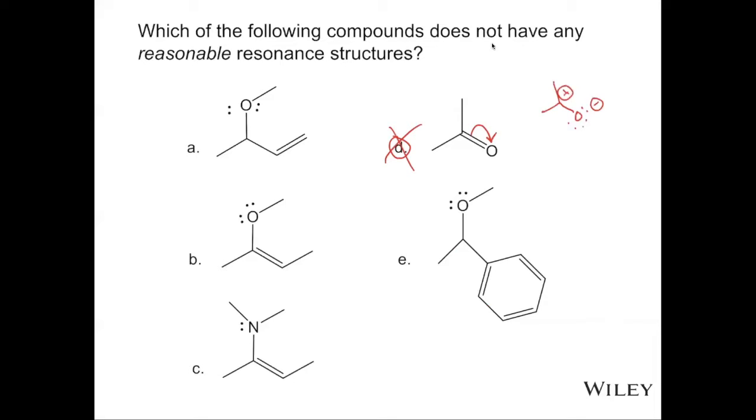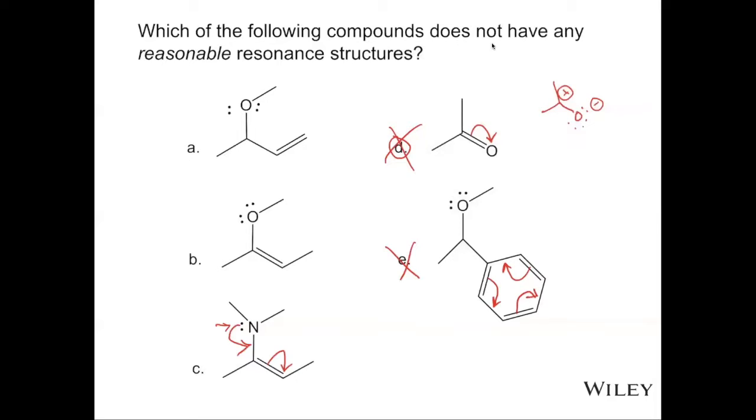I jump right to E and I see that, oh, look, this is awesome. We can move these right around. And so that one has a valid resonance structure. That was exactly one of our patterns as well. Then if I look at letter C, this is exactly what we talked about, having a lone pair allylic to a double bond. So this lone pair can hop down, and then this double bond can hop up.